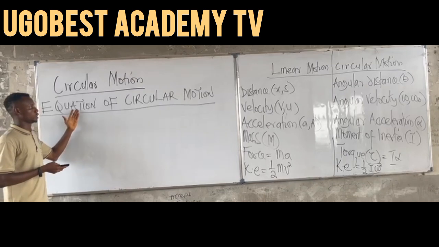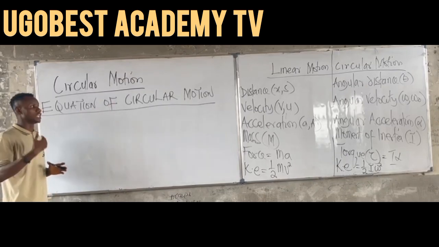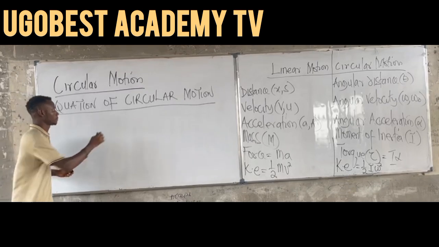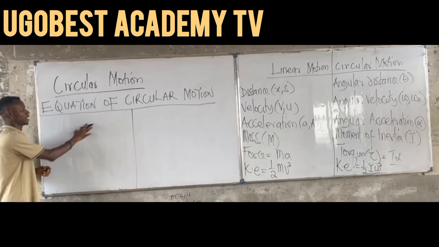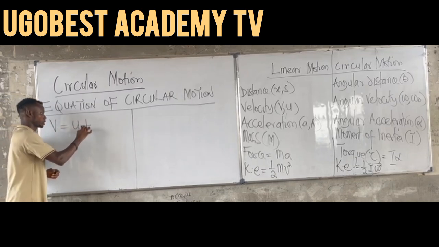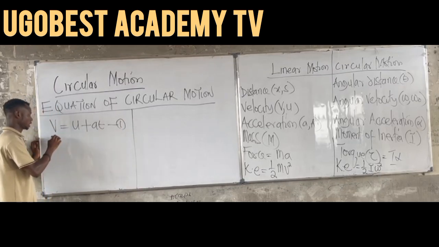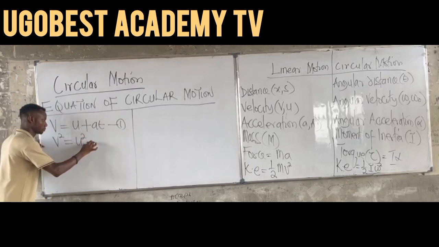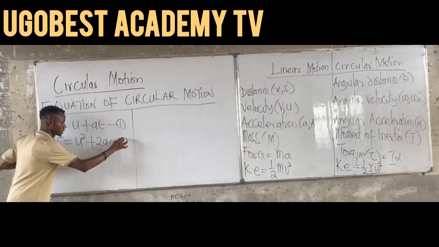Before we look into the equations of circular motion, let's first of all know the equations of linear motion. For linear motion, the first equation is v is equal to u plus at. Remember this, right? The next equation is v squared is equal to u squared plus 2ax. Please take note of this.